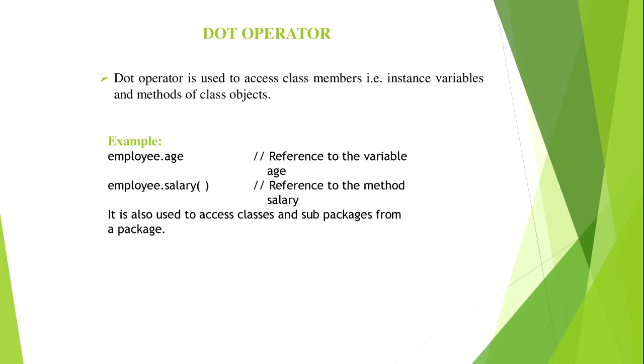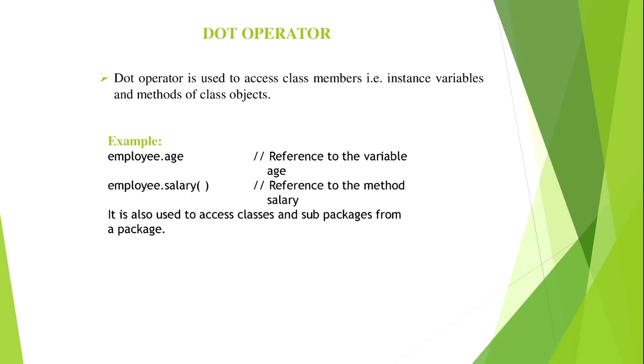Very similarly in the Java programming language, you can also use the dot operator to access the class members. Class members means you use the dot operator to access the instance variables as well as the methods of the class. Example here: employee.age.